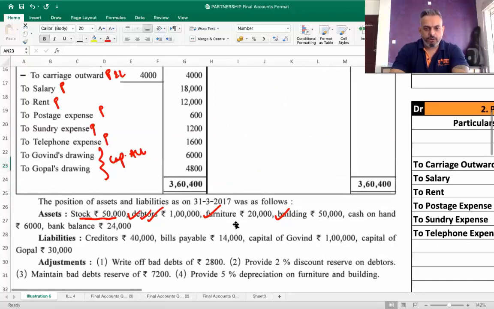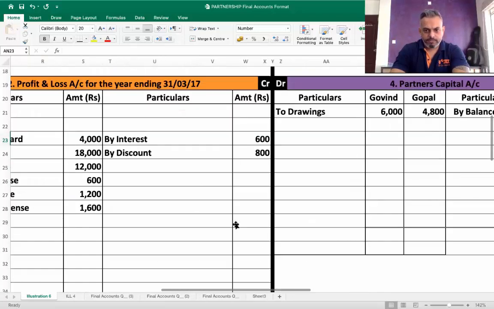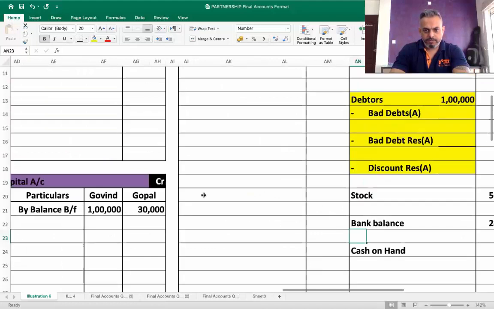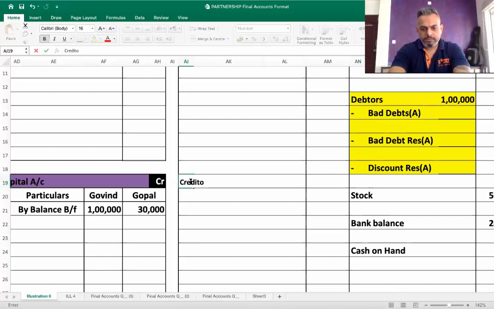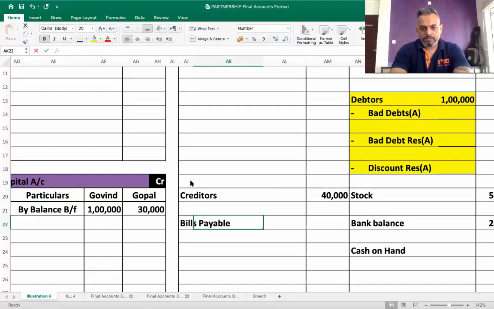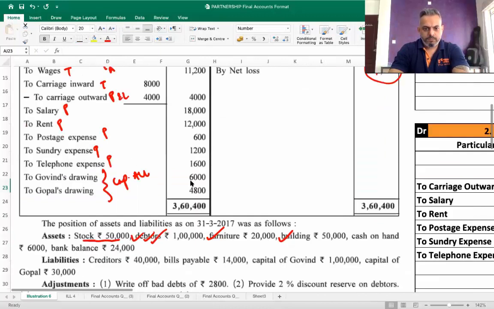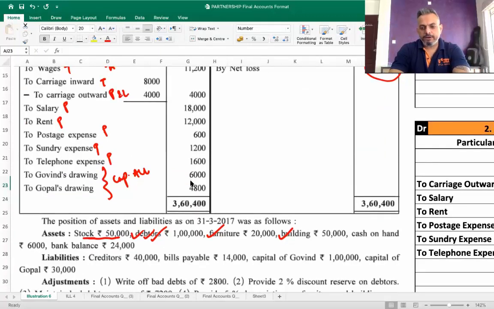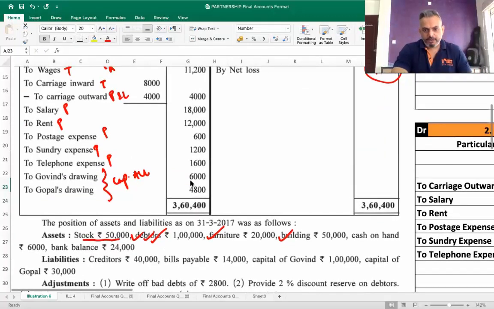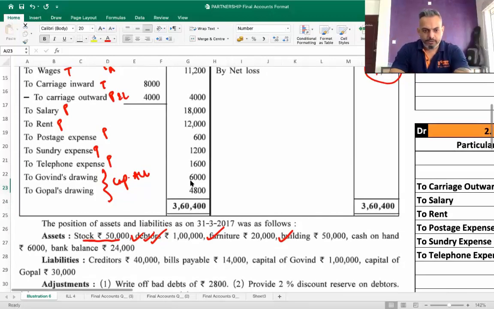Liabilities, creditors 40,000, bills payable 14,000, capital of Govind and capital of Gopal 30,000, Govind 1 lakh and Gopal 30,000.